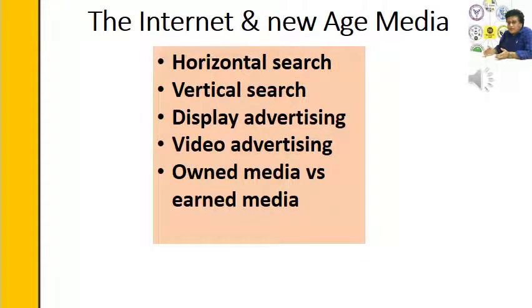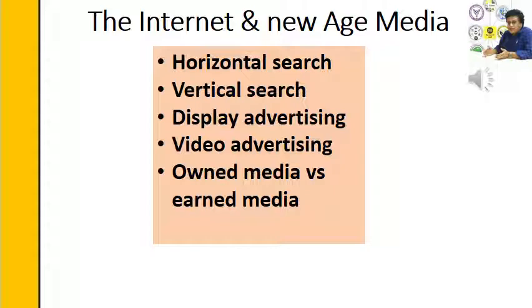How can we use the internet and the new age media to our benefit of reaching our intended customer, or to ensure that our business communication is received by the right person at the right time? So in today's world of internet and new age media, there is something called horizontal search.